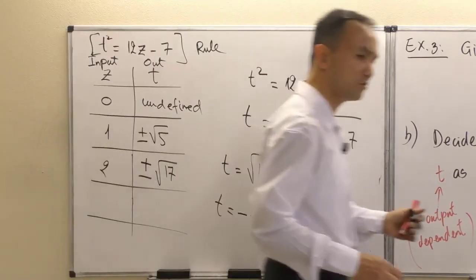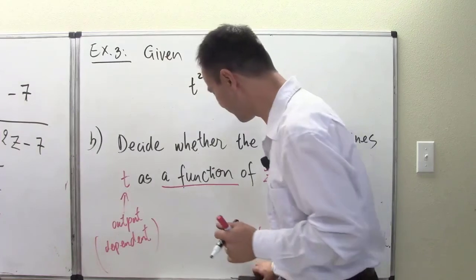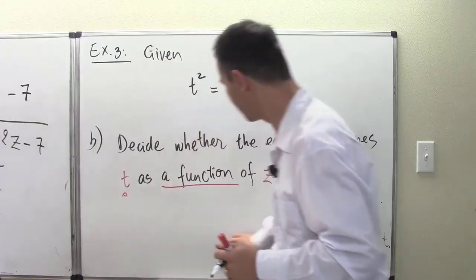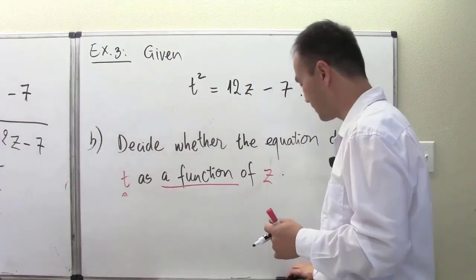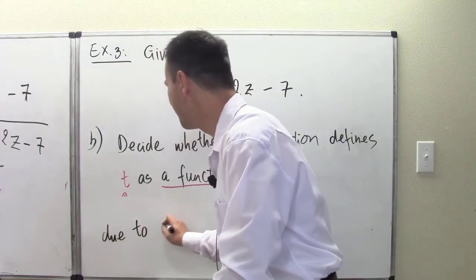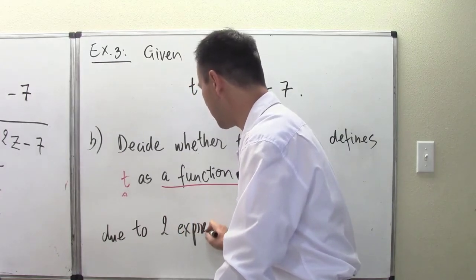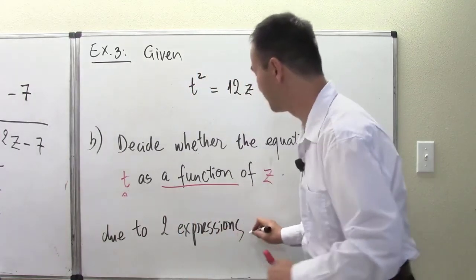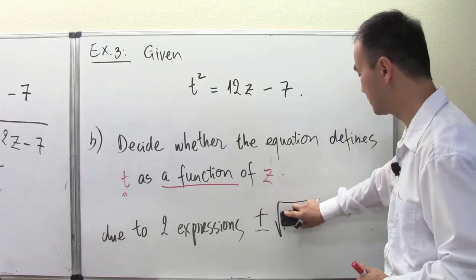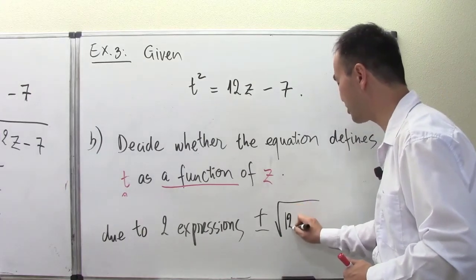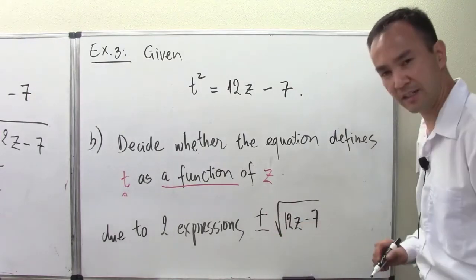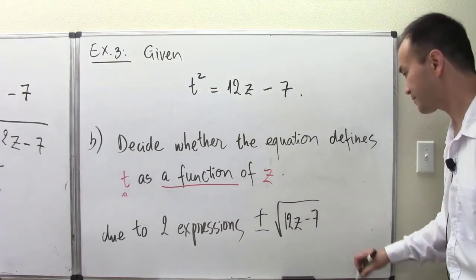Okay, so now I'm going to make that conclusion on my other board. I'm just going to use common language here. Due to 2 expressions, plus and minus 12, there are many ways of interpreting it, but same logic. 2 expressions. One of them is plus, the other one is minus, square root of all that, 12z minus 7.